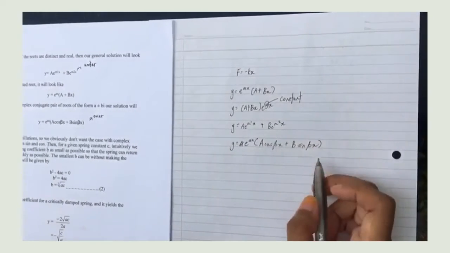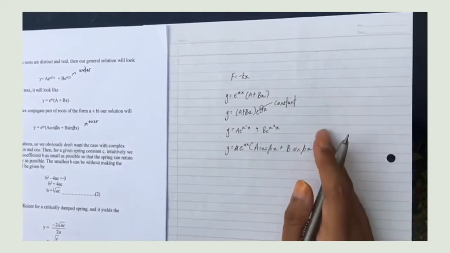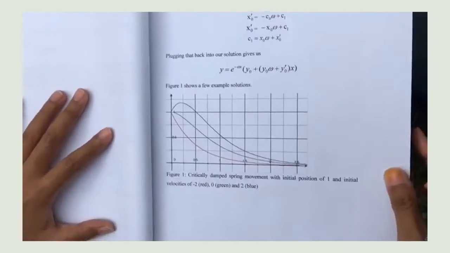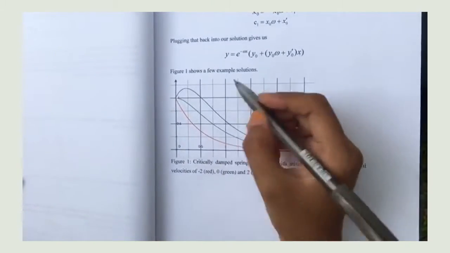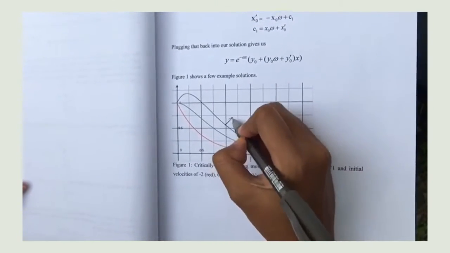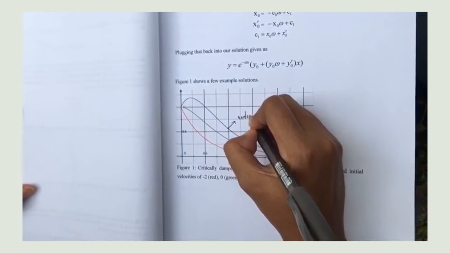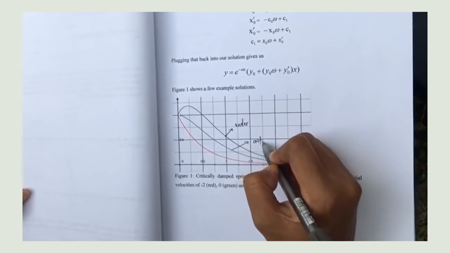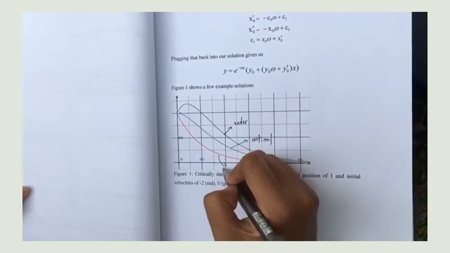Now I'm going to explain the differences between these three equations. In this graph we can see that this is the underdamped, this is critical, and lastly this is over.